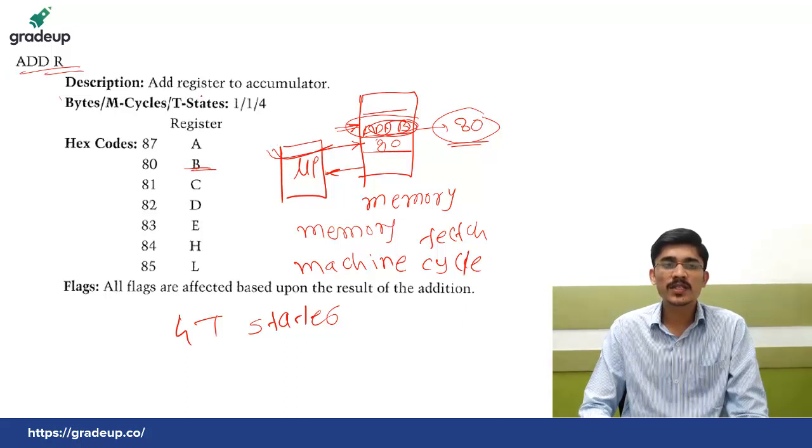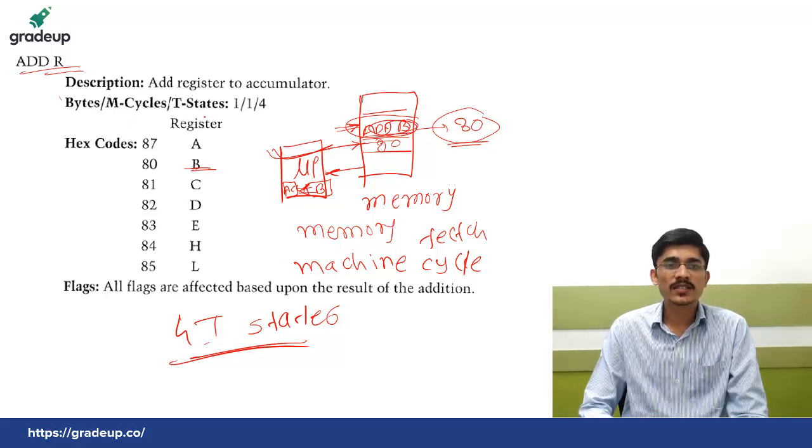The description of the instruction says: add register content to the accumulator. You can see that both the accumulator and the B register are inside the microprocessor. So as soon as the microprocessor comes to know about the ADD B instruction, it immediately adds the content of the B register to the accumulator. It will not require any further time. So after 4 T states, the content of the B register will be added to the accumulator.